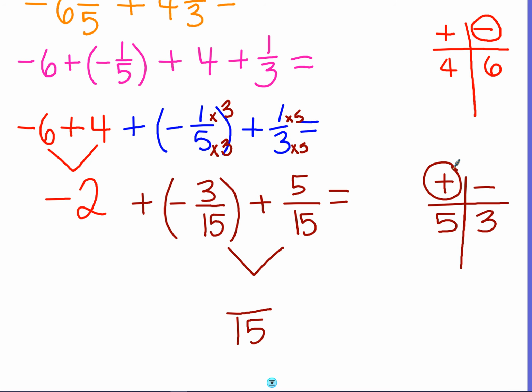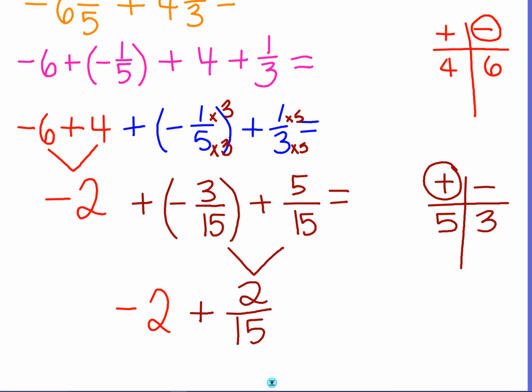The positive team is winning by 2 points. And then I'm going to put back my negative 2. So this piece here is also considered associative property because I grouped those together. This here, I grouped these together and rewrote it as 2/15. So that would also be considered an associative property.